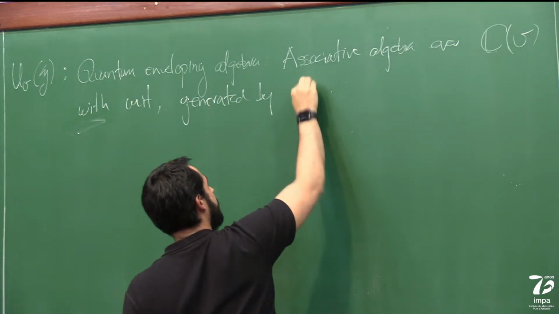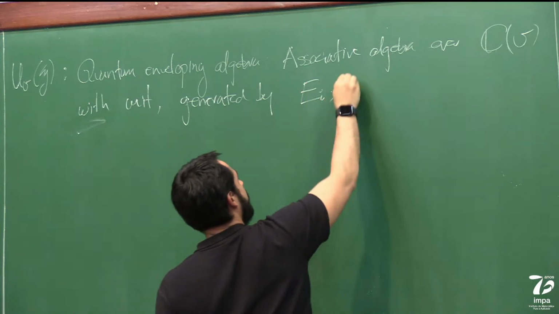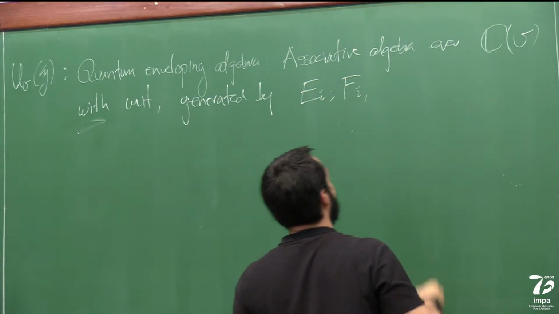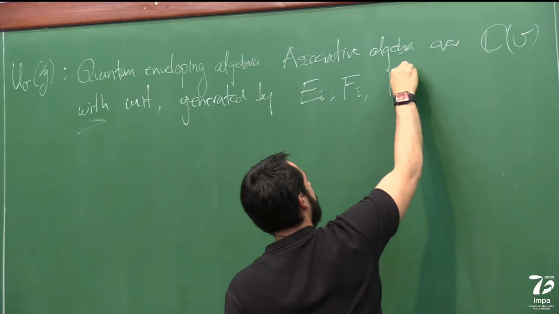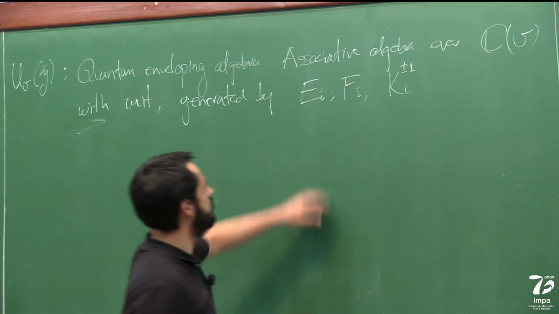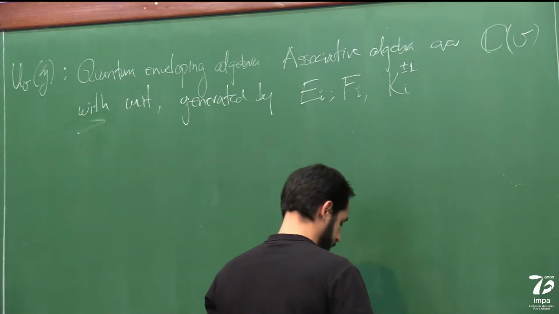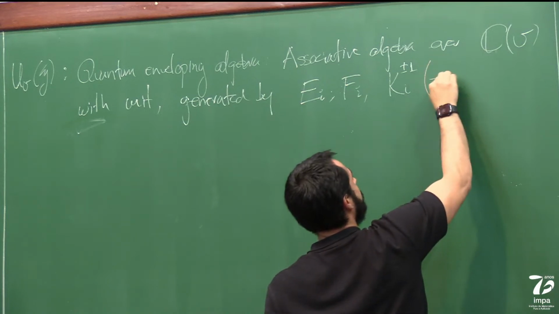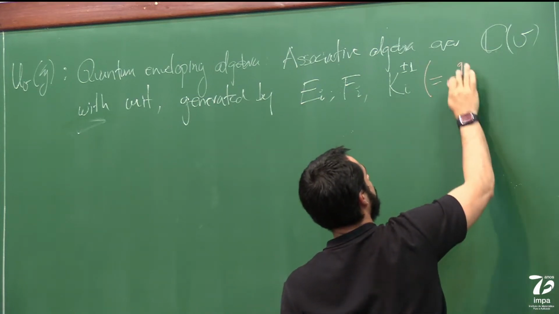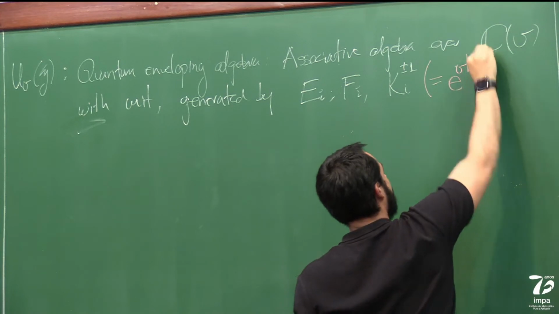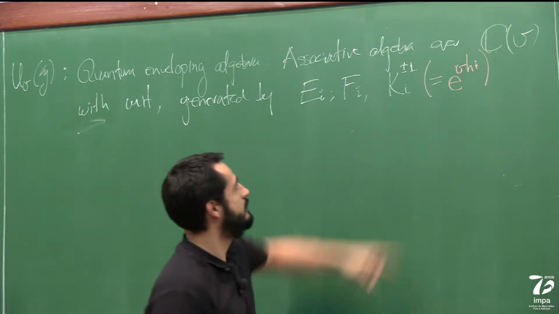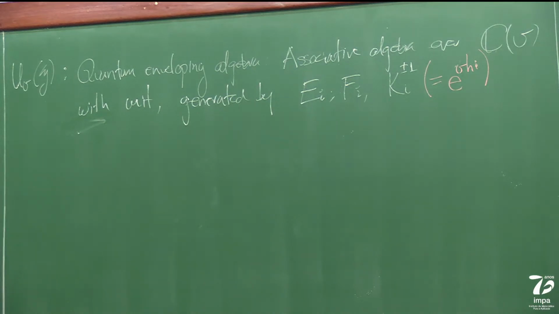by some elements that I denote E_i, F_i, and K_i plus minus 1. These are just the usual E and F for the Lie algebra. And this K_i is going to be something like B to the H for some Cartan generator, something like this. But it's better to work with this guy. And they are subject to some relations, which are just the quantizations of the relations for the semi-simple Lie algebra.